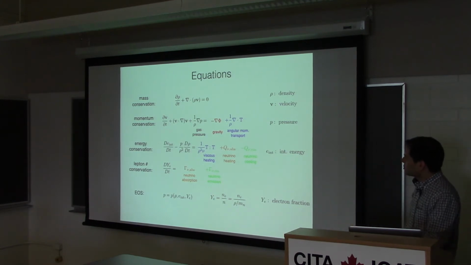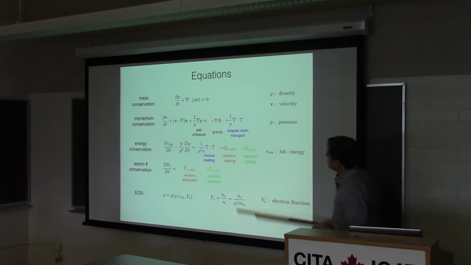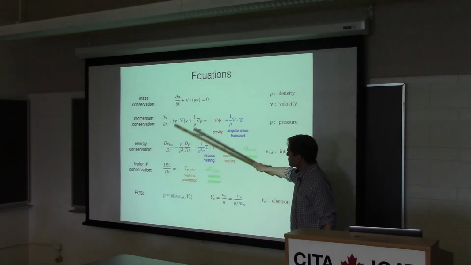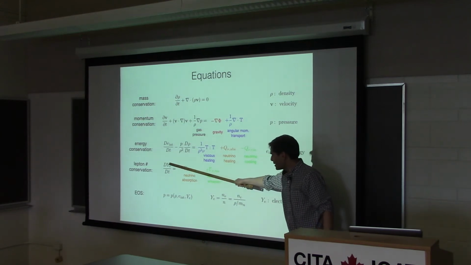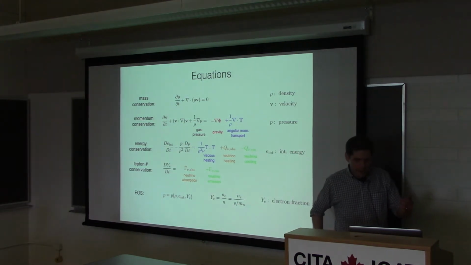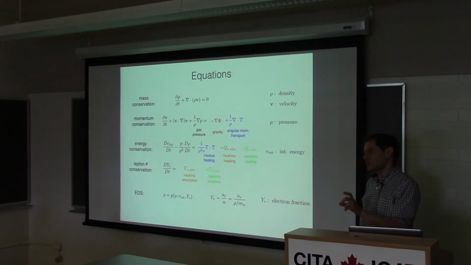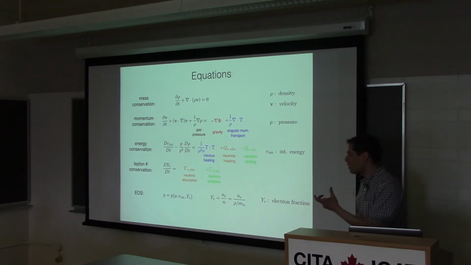If you want to simulate this on a computer, you have to solve mass conservation, momentum conservation, energy conservation, and, importantly, lepton number conservation. This tells you the relative abundance of protons and neutrons, which depends upon neutrino interactions with matter.